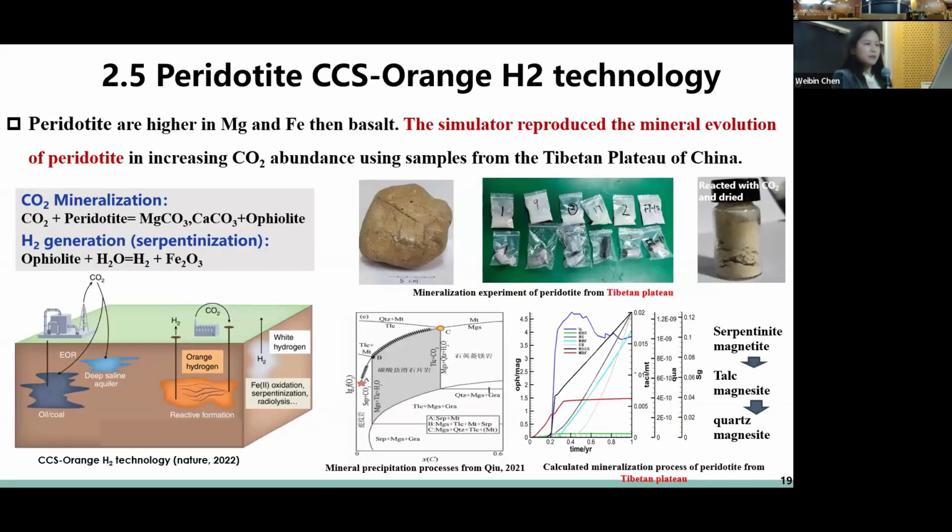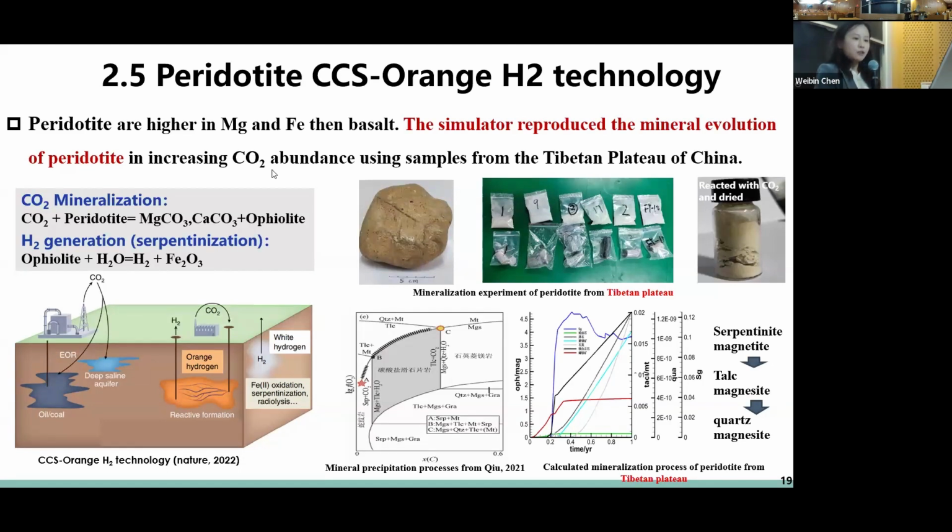And the fifth work is peridotite CCS origin hydrogen technology. We all know that peridotite is higher in magnesium and calcium than salt. Our simulation has reproduced the mineral evolution of peridotite with increasing CO2 abundance using simple test data, and this sample is from the Tibet plateau of China.